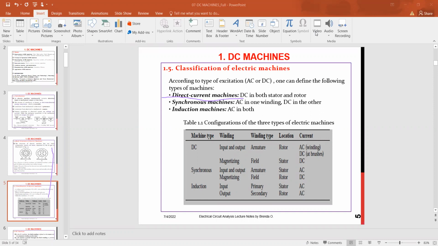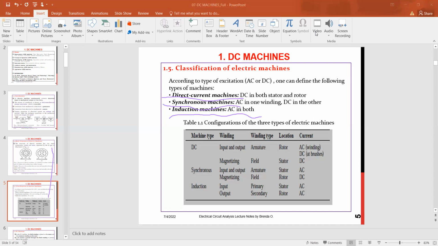Synchronous machines have an AC winding in the stator, while the rotor has a DC winding, with DC current. Induction machines have AC in both the rotor and the stator.